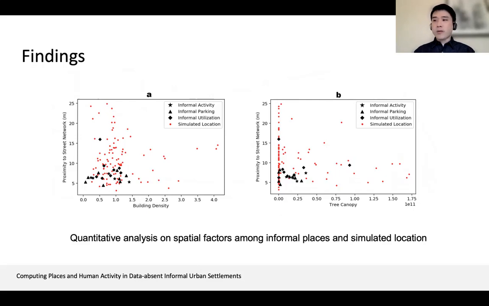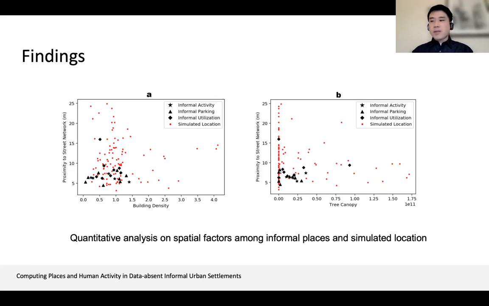For example, when we look at the place-related measures, figure A here shows informal places are usually close to a street, within 10 meters. This finding resonates with classic urban design theory from Jane Jacobs regarding street life as a major part of public life in urban space, especially at the neighborhood scale.